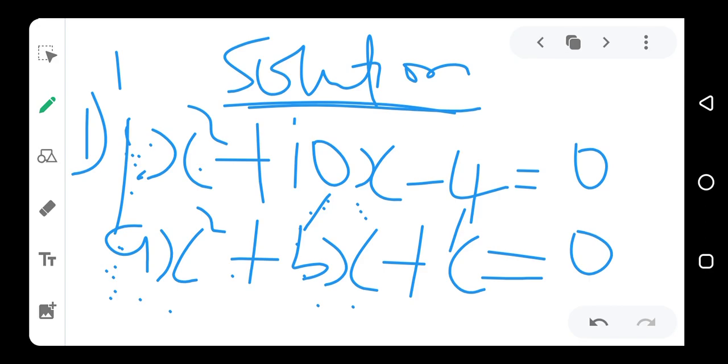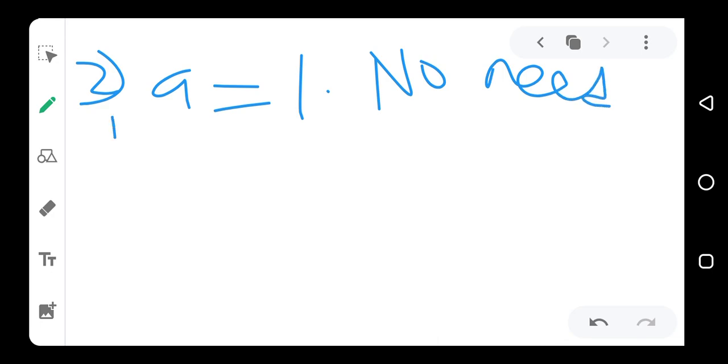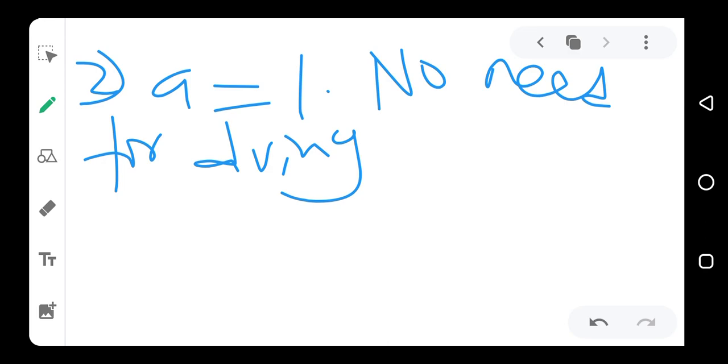Assuming that the value of a is not 1, we have to divide through by the value. But a is 1 here, so there is no need of dividing. Step 2, a is equal to 1, so no need for dividing anything.